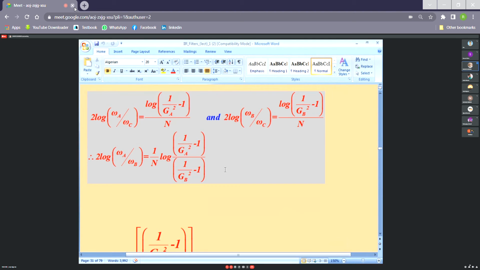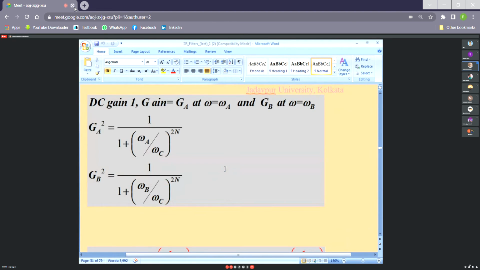All right, so that is the procedure. Suppose the DC gain is not specified as 1, but it's specified as 100.